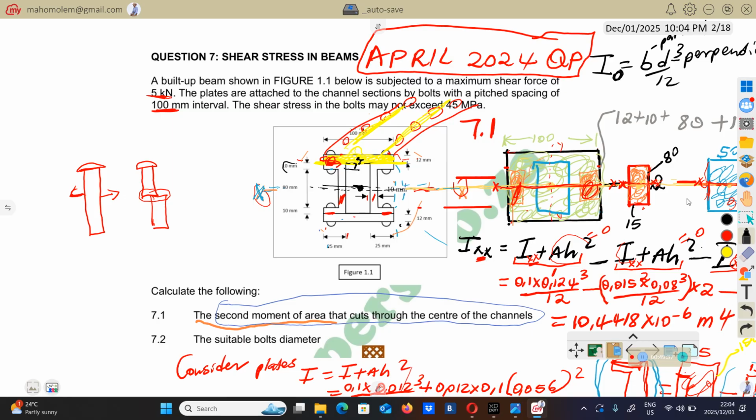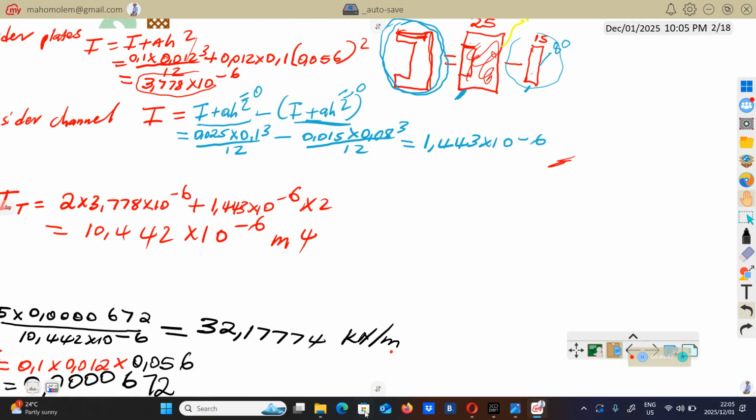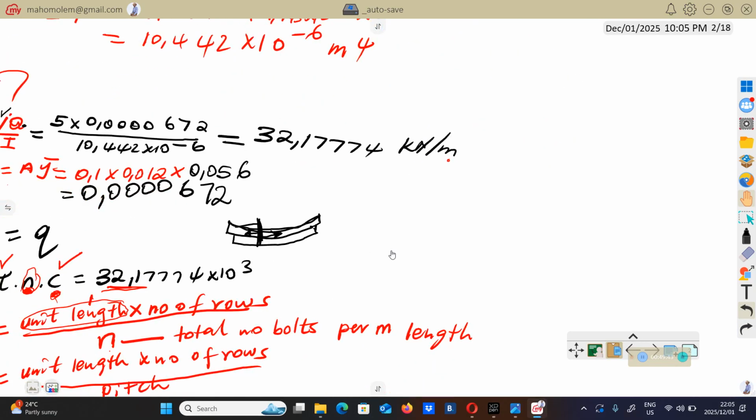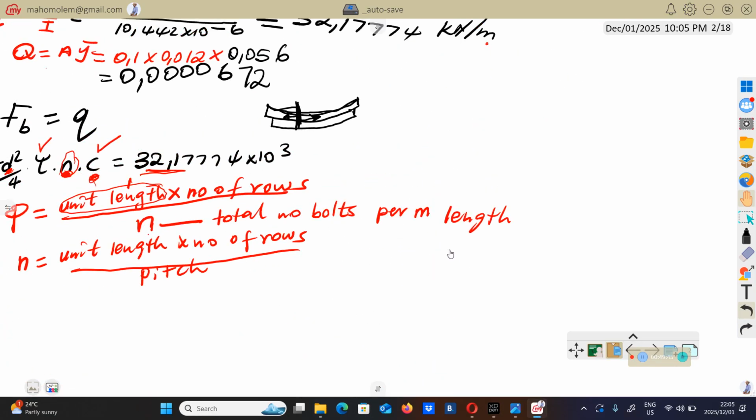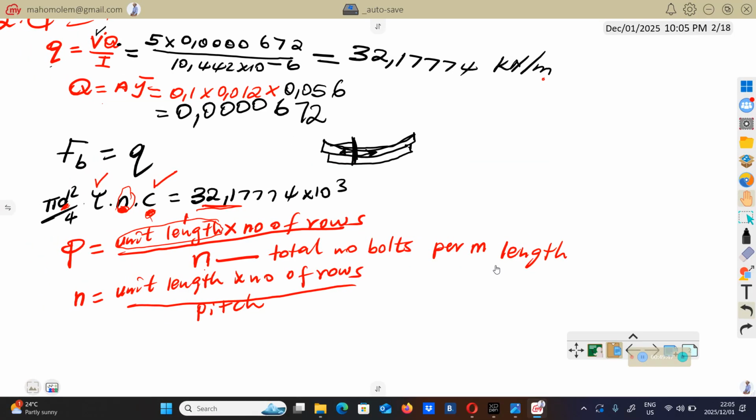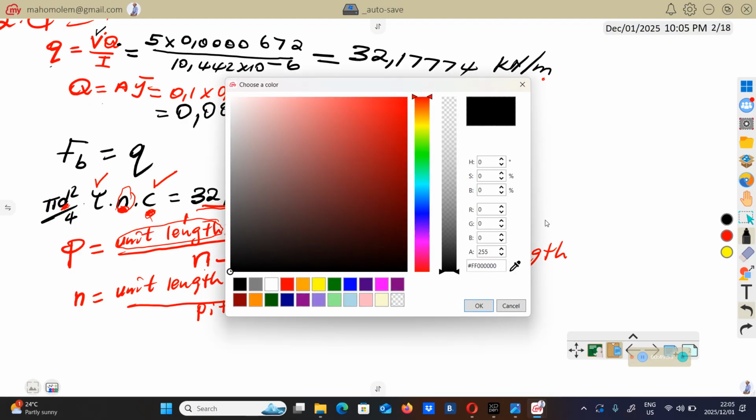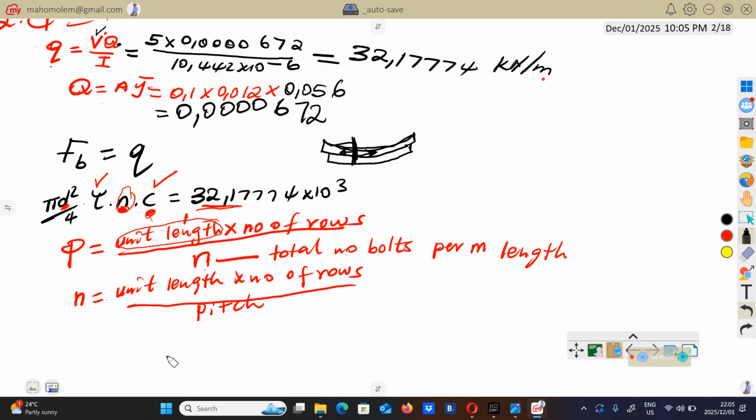So we just have to go now and substitute. So unit length is 1 meter multiplied by number of rows is 2.